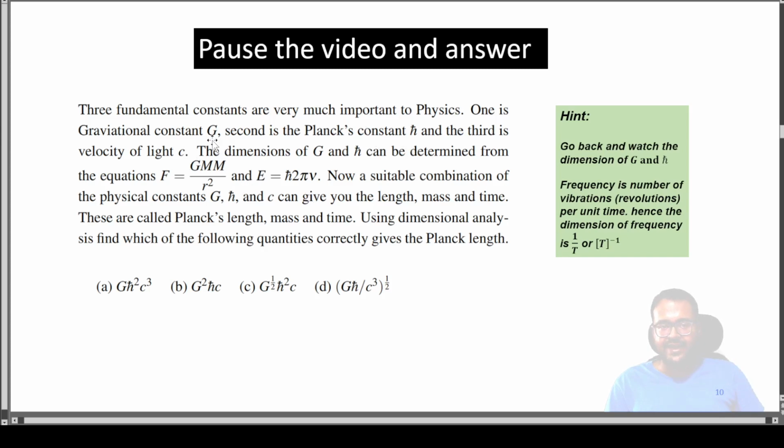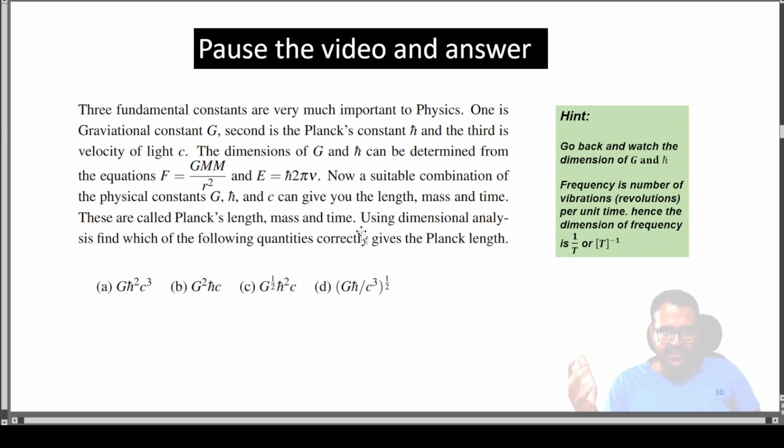We have already derived the dimensional relation of G and h, and c is the velocity. So this dimension can be determined from here, and a suitable combination of G, h and c can give you the length, mass and time. They are called Planck's length, Planck's mass, or Planck's time.